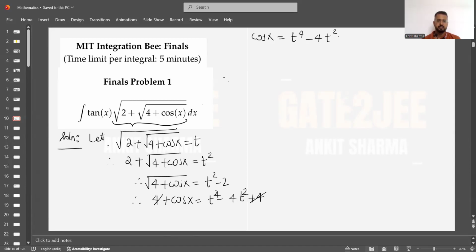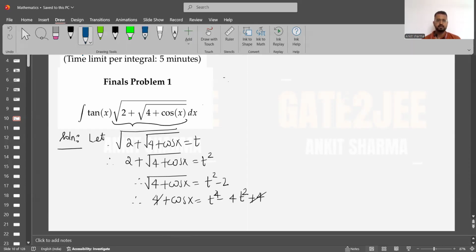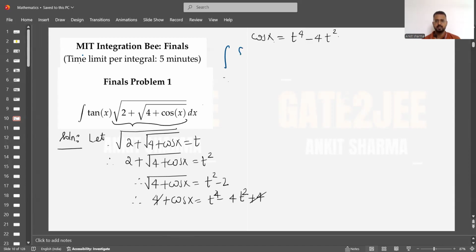And now if I look at this, then my integration has tan also. So tan I could write as sine over cos. So if I rewrite the original question like this, sine x over cos x into the square root of 2 plus square root of 4 plus cos x dx. The cos x I already have got.